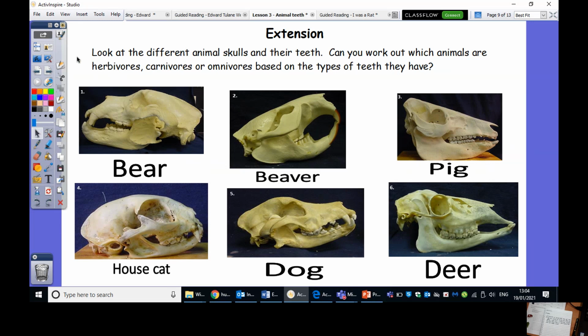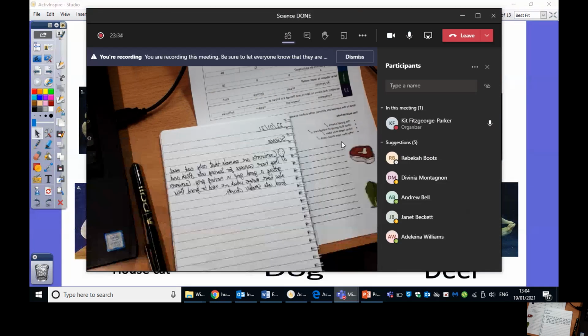So we've looked at the shapes of different teeth before, so you should maybe be able to tell which ones are canines, which are incisors, and so on and so forth. And also you've got the name of each animal underneath, which should give you a hint as well. So how I'd like you to sort this, again I'm going to just share my screen, sorry there's a lot of going backwards and forwards.